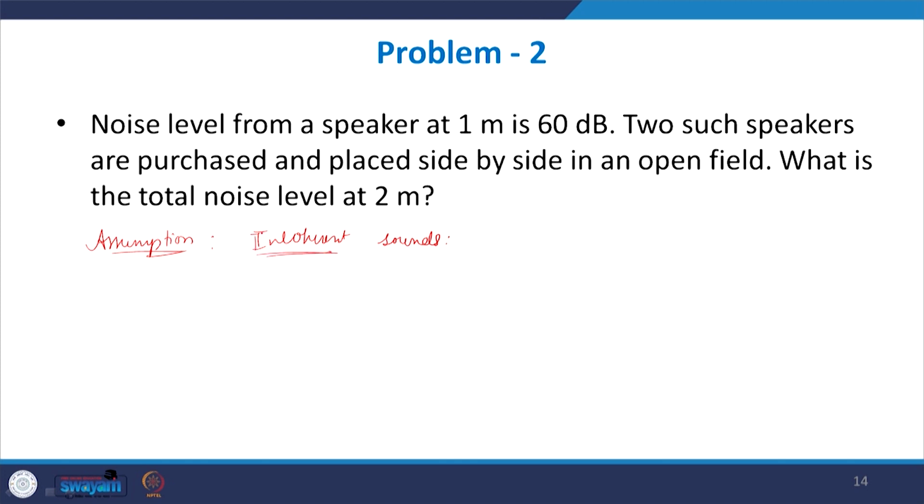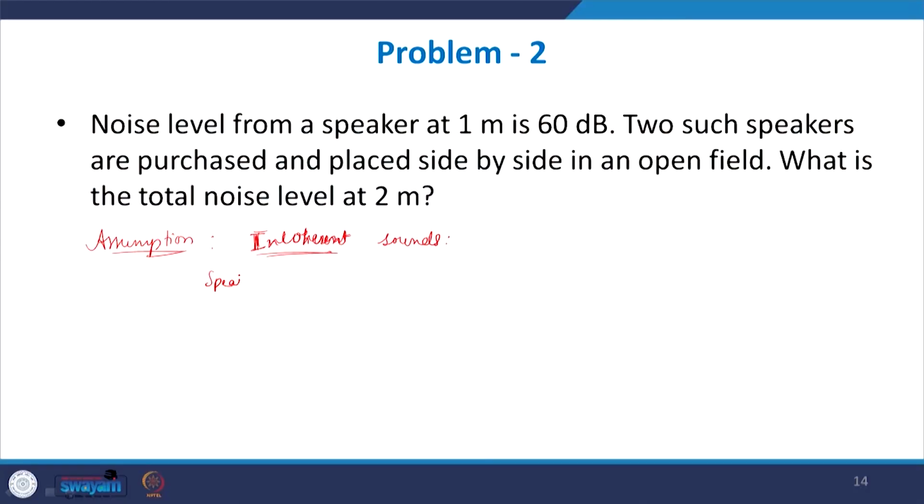Also, when the type of wavefront is not given to you and it is only said that there are two speakers, then in real life, whenever there is no constraint in the medium, we have an open field or a large space, and we have two sources whose dimensions are relatively small compared to the dimension of the space, we assume that they can be treated as point sources. So the speakers can be assumed as point sources.